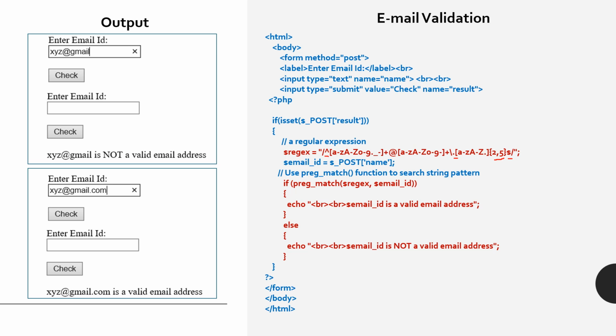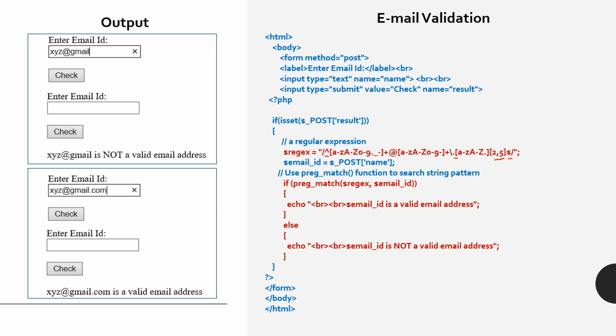That can be in the range A to Z, small letter or capital letter, or dots also, because some domains have subdomains, like co.in, net.in. Subdomains are also available. That is why these are the things. This is the way we can include them. This is about email validation.